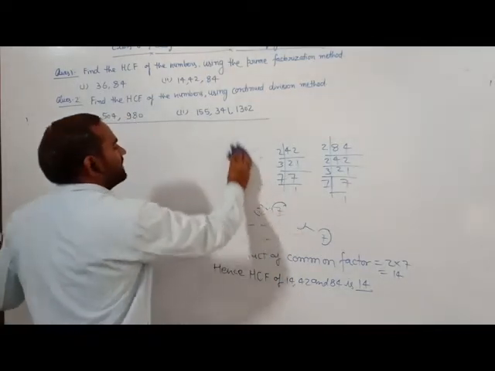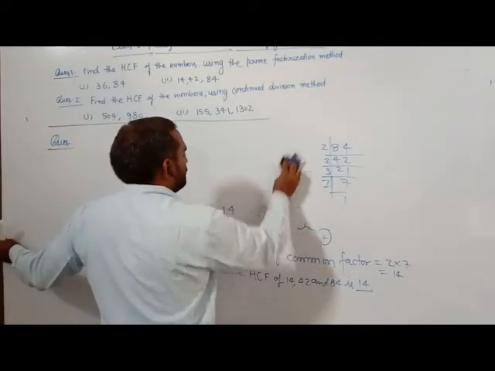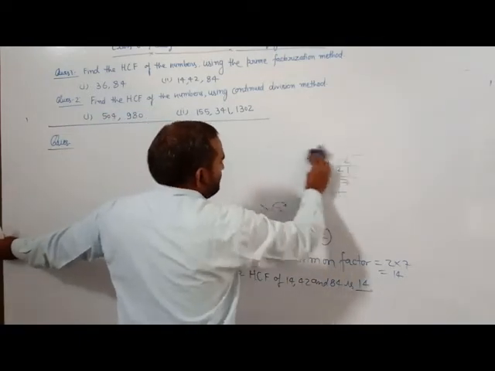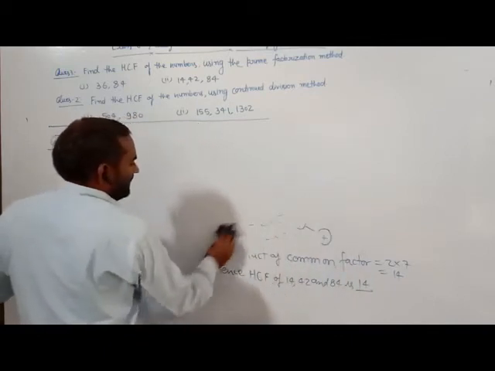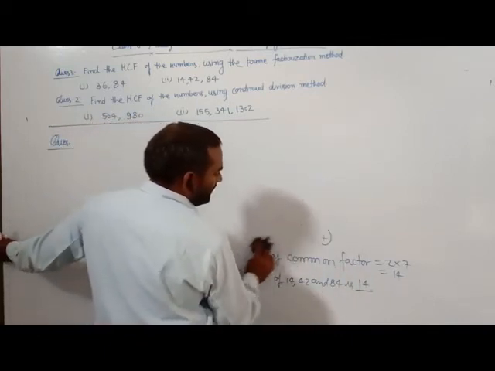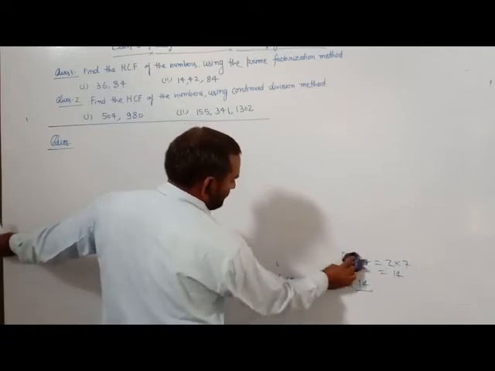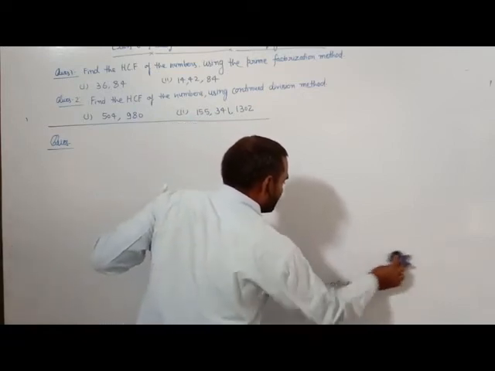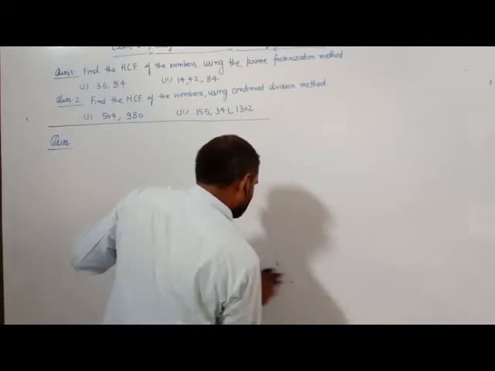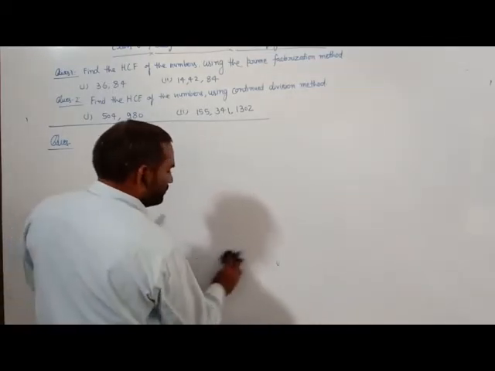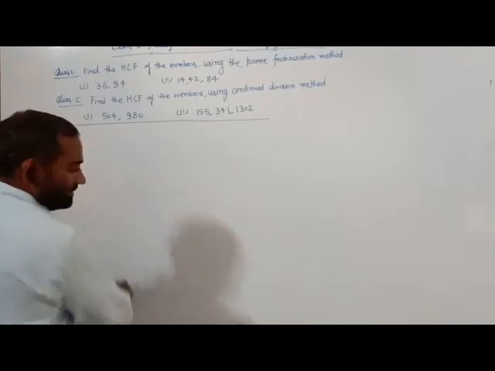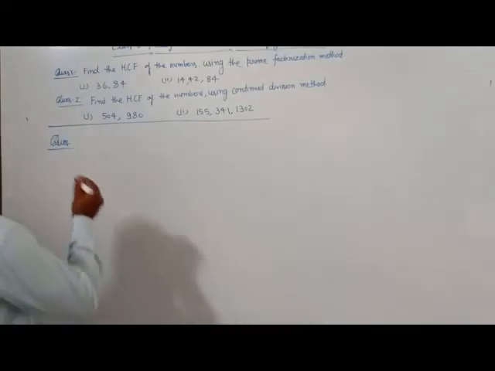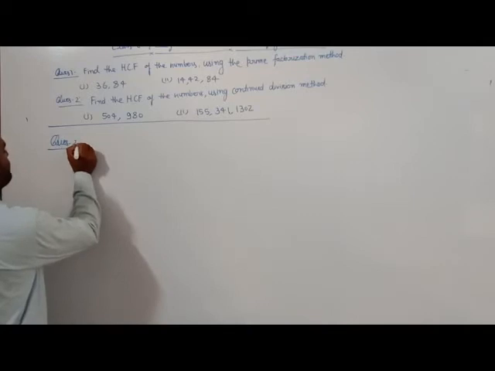In division methods, we do not factorize. In the division method, the greater number is divided by the smaller number. All of you have studied how to find the HCF by the division method. Now solve the question. Question second.